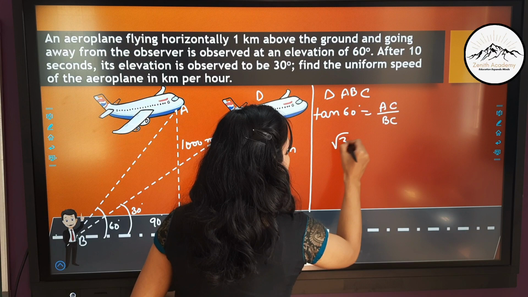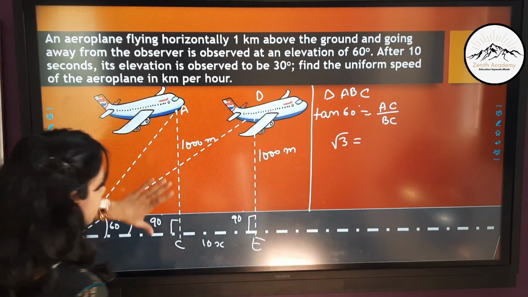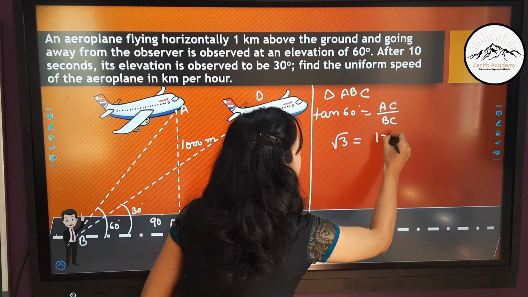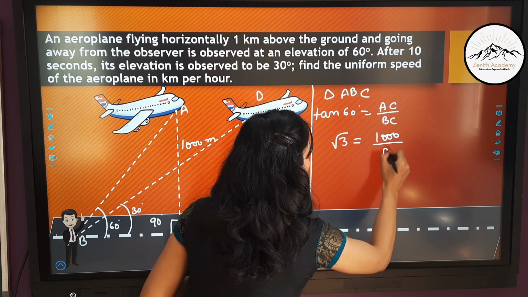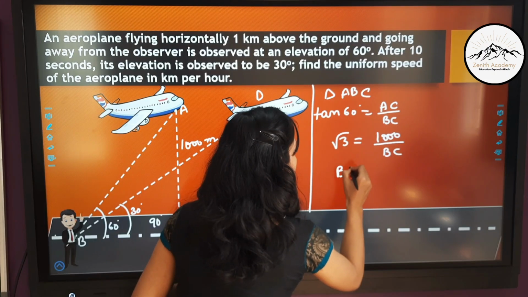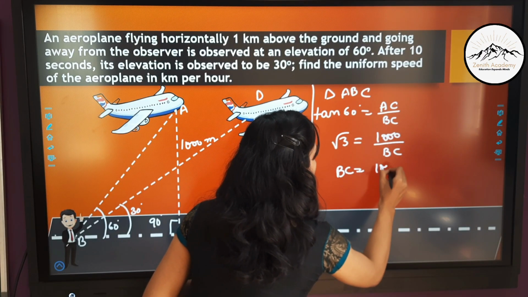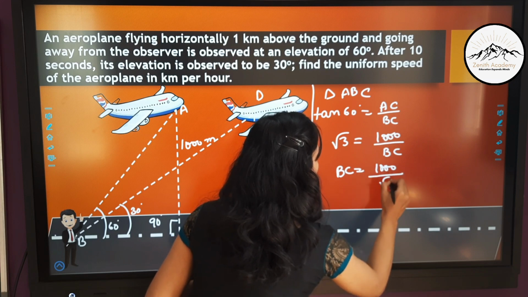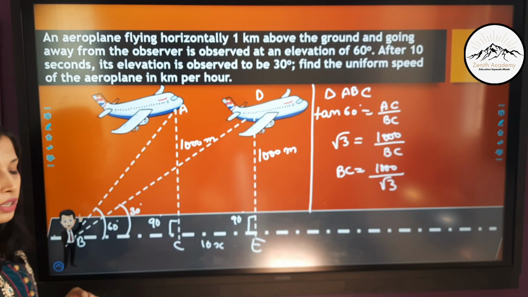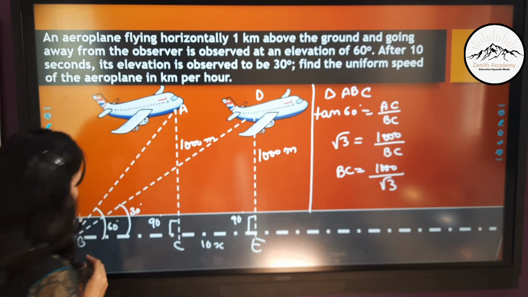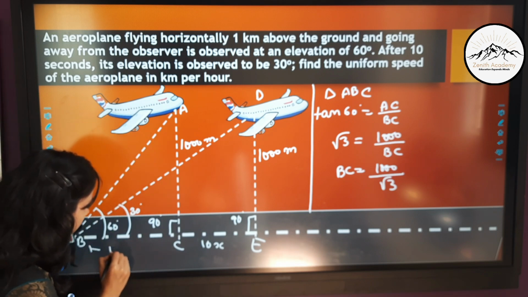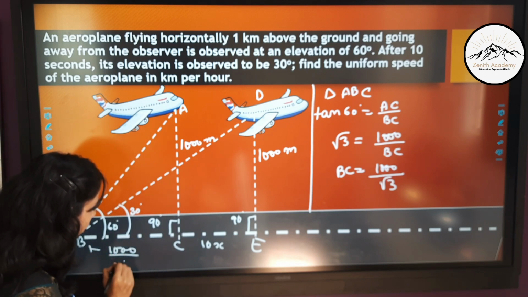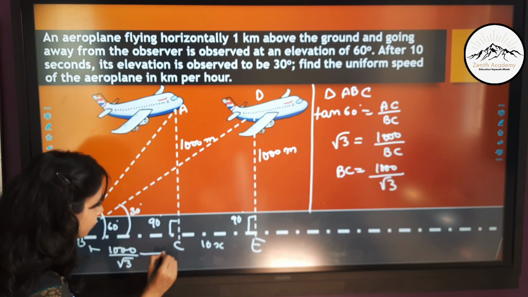Tan 60 degrees is equal to root 3. AC is given to us as 1000 upon BC. So what will be BC? 1000 upon root 3. So this BC is 1000 upon root 3.